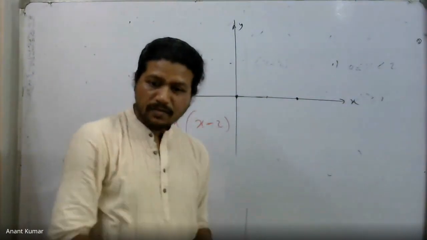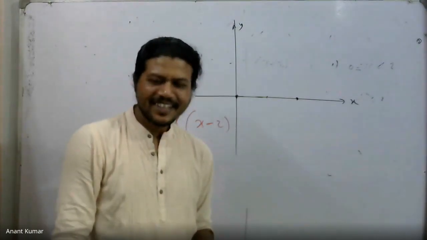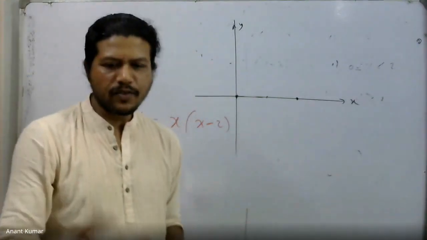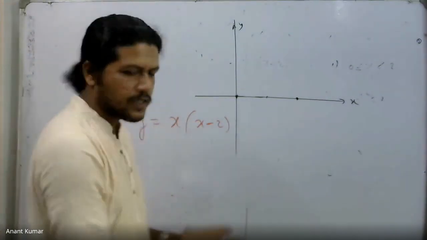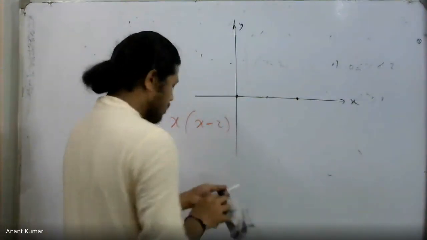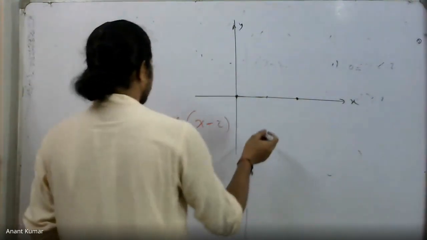I didn't pause myself, by the way. Just see, I've not paused anything actually. In this case, for example, the shape is going to look like this. I just draw the graph for the moment.